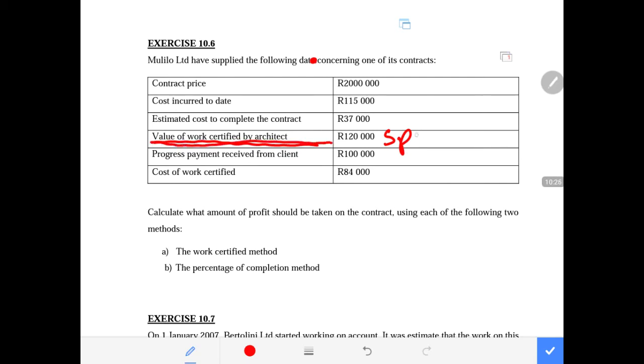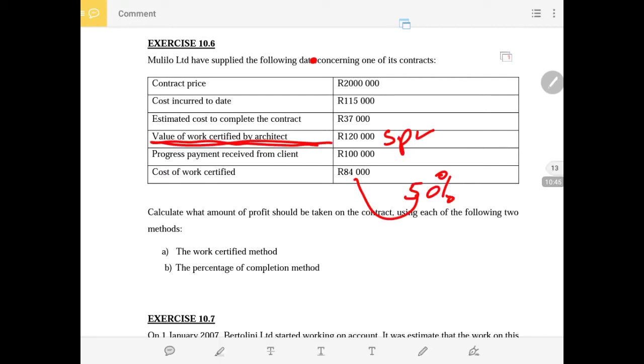So now if you have that selling price, you can be given a markup percentage, maybe 50%. Then you'll have to use your financial accounting 1 knowledge, which I am sure that you still have, in order for you to derive the cost price of the work that is certified. Please don't say we did not teach you such. Otherwise, it is financial accounting 1 knowledge.